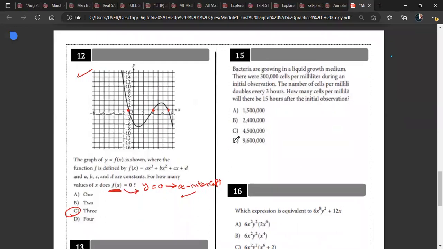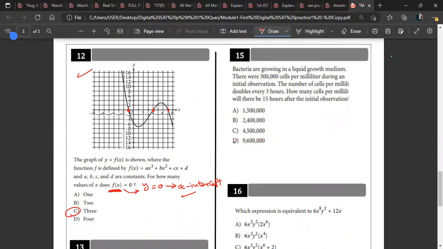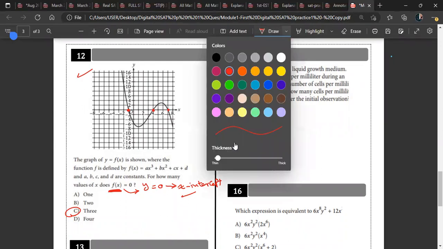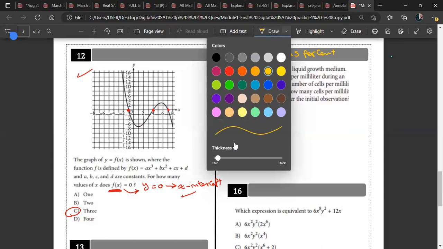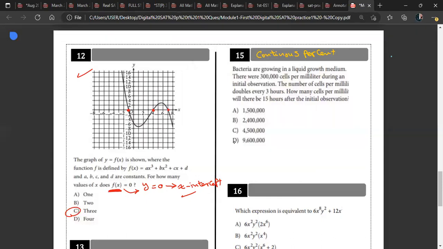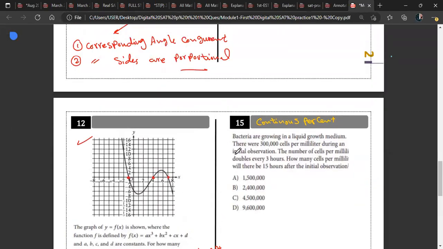Here in question number 15, this topic is called continuous percent. Continuous percent has a rule. The rule for continuous percent, I will write it up here.